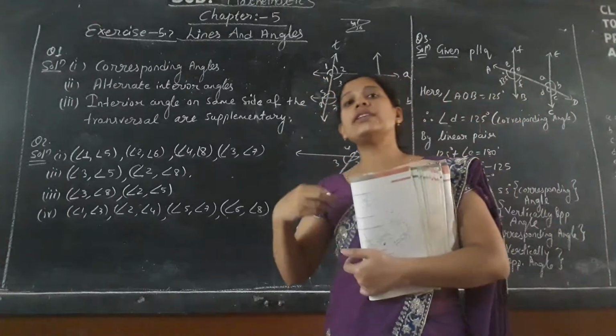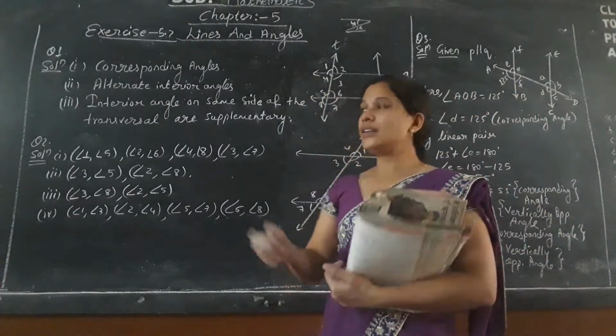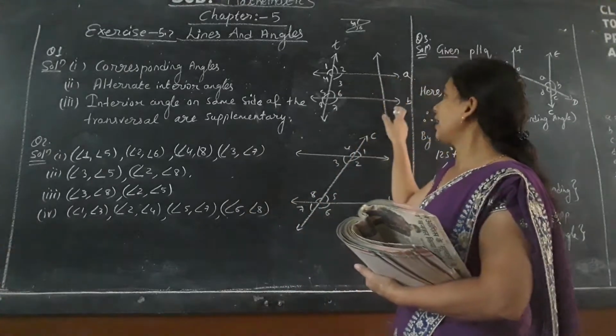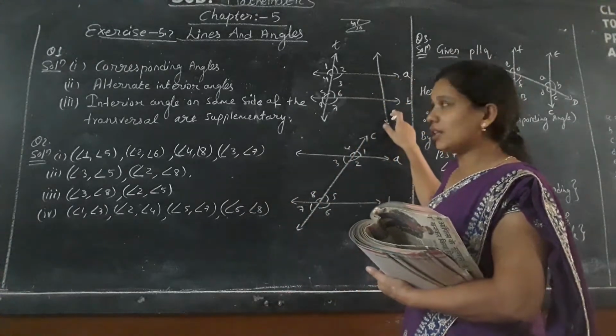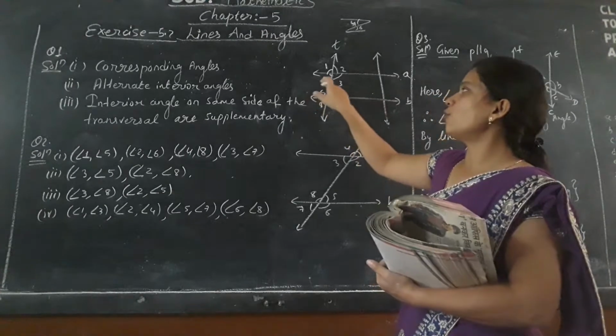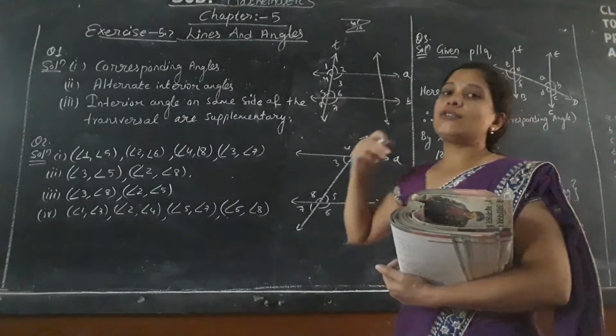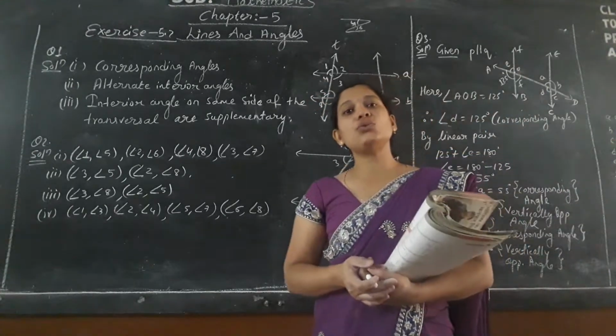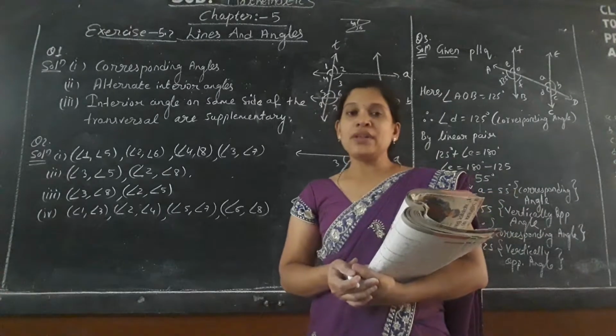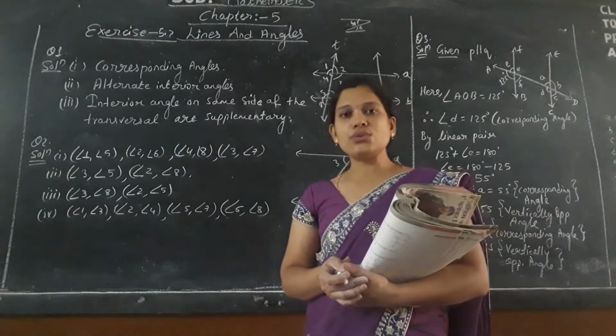So what's the reason behind it? Why are line A and line B parallel to each other? Because angle 4 is equal to angle 6, and that is due to the alternate interior angle. Now what is an alternate interior angle, student?